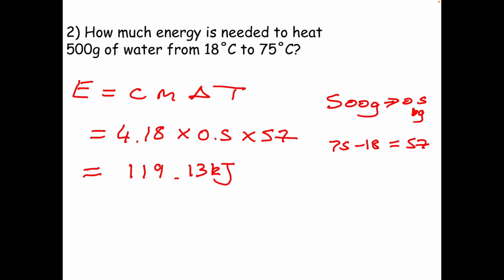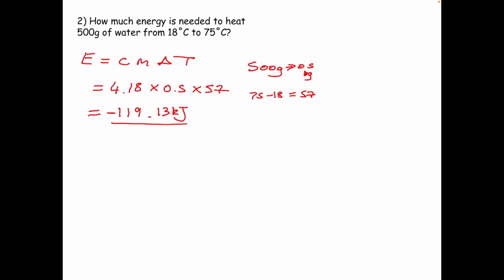And because it is heating the water, because you're burning something, it's going to be negative because it's exothermic. That chemical that you're burning is going to be negative. There you go, and that is the answer for that one.